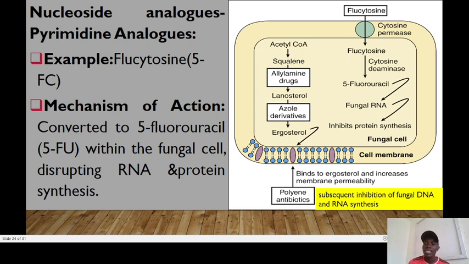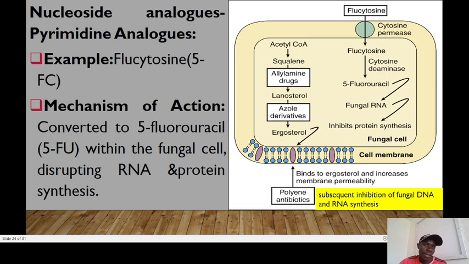So the next group is the nucleoside analogs, and we have the pyrimidine analogs. Okay. An example is flucytosine. Okay, mechanism of action, it is converted to 5-fluorouracil within the fungus, and this disrupts RNA and protein synthesis.